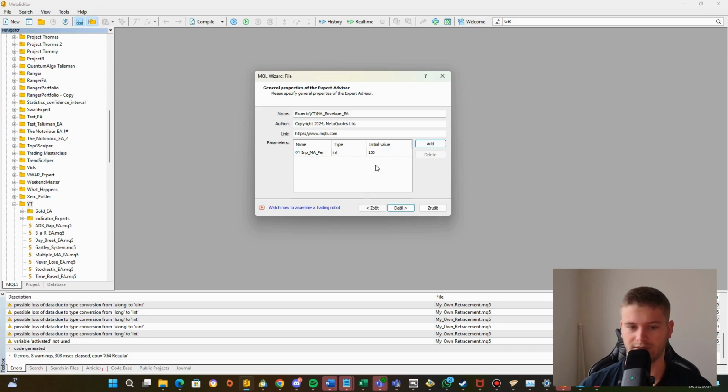Let's add the second and the third input. These two inputs will be for the envelopes indicator. So input ENV period. Because if you remember correctly, the envelope indicator requires two arguments.